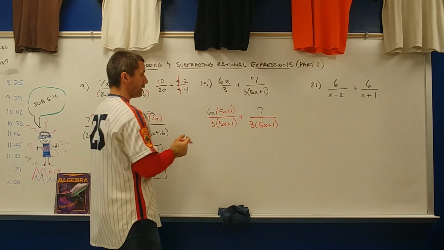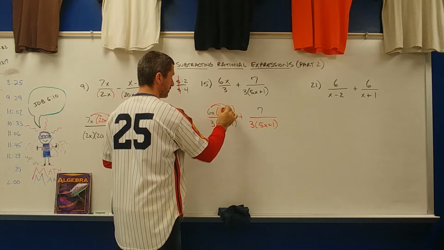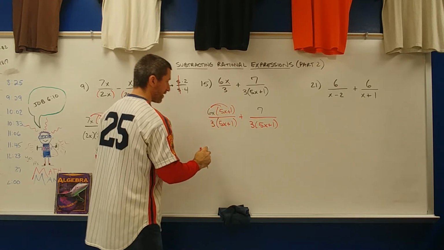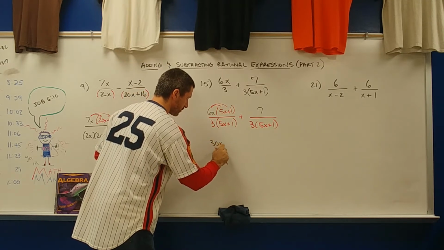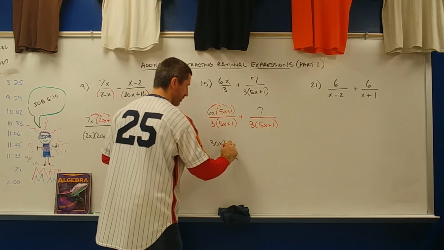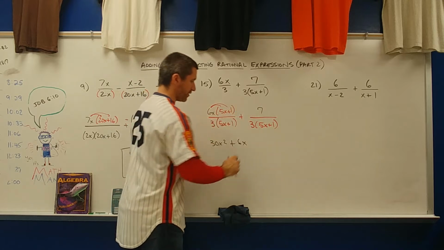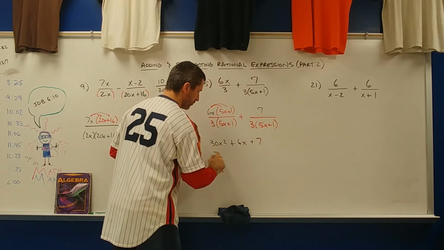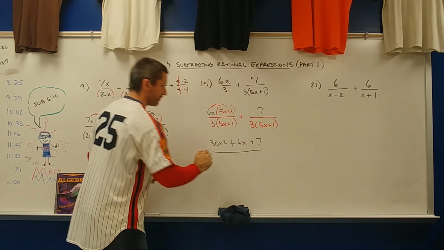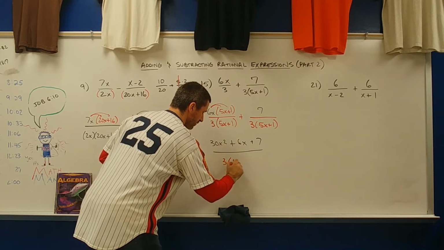Okay? And now let's go ahead and do some distribution. So we've got 6x times 5x is 30x squared. 6x times 1 is 6x. Let's add the 7 plus 7 and put it over the common denominator of 3 times 5x plus 1.